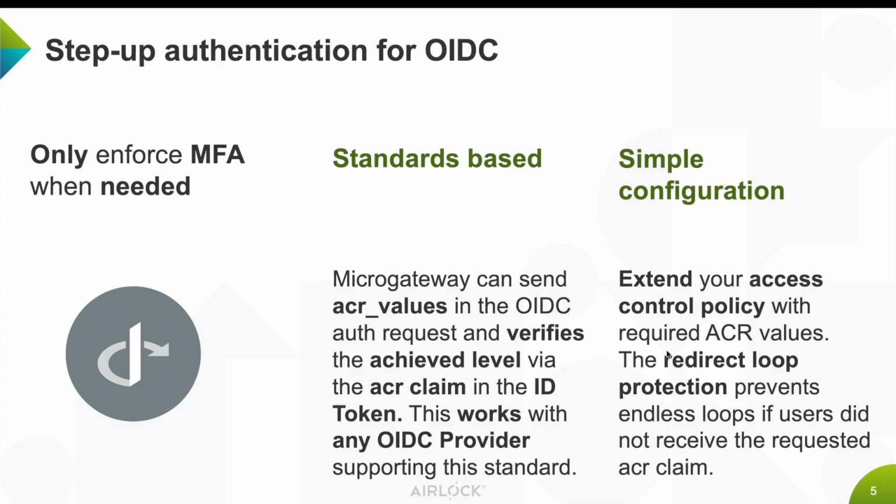You extend the existing access control policy and declare which ACR level is required. Microgateway handles requesting it from the provider and includes redirect loop protection by rechecking the resulting token and stopping the step-up flow once the required ACR is met.